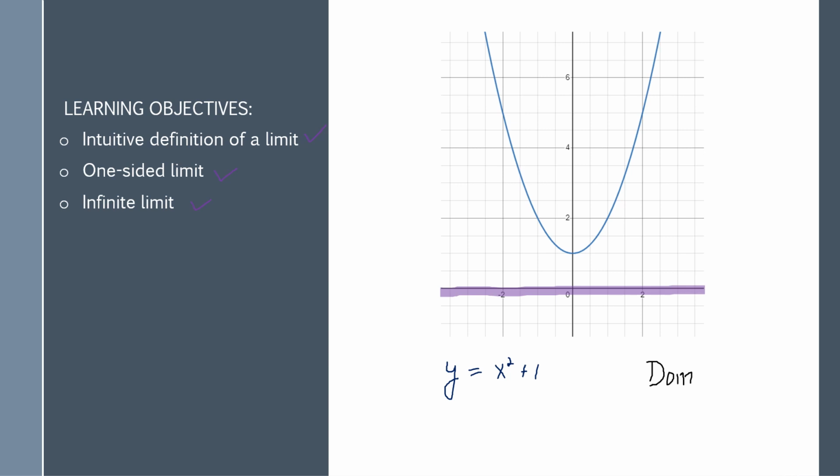We talked about things like range as well. So range, okay, would be all y values. And for this particular function, that would be what? All y that are greater than or equal to 1. Okay. We've also discussed things of this nature like function being increasing, decreasing, obtaining maximum or minimum value, and so forth.